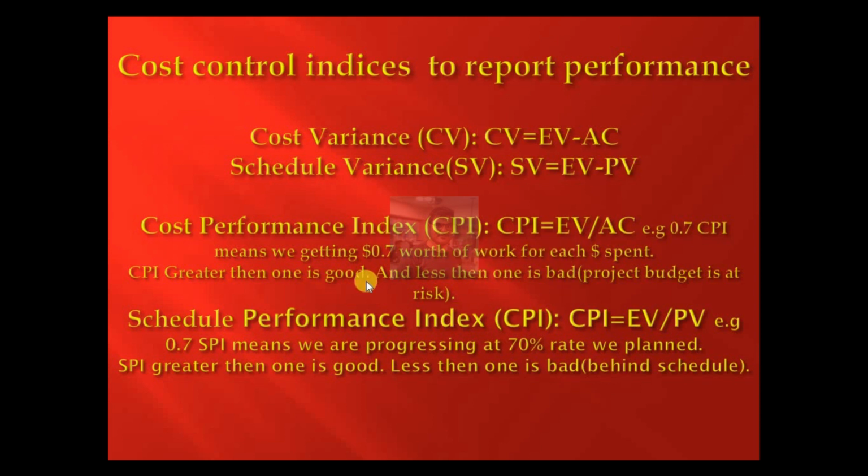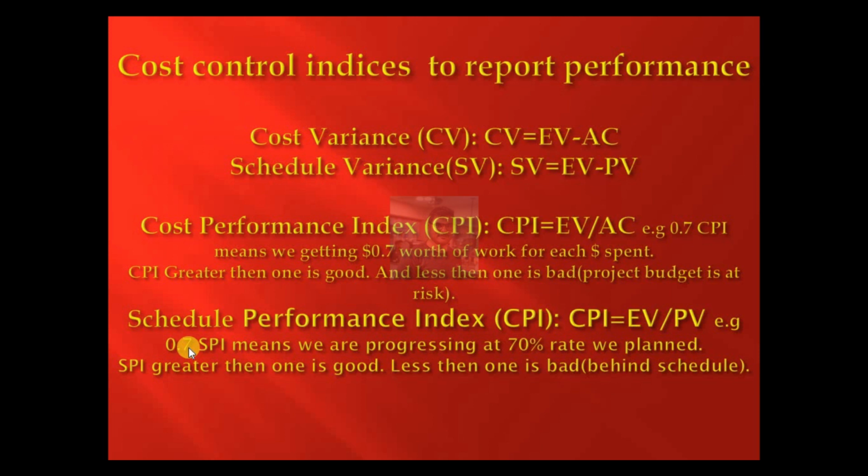If CPI is greater than 1, it means that we are under budget, and if CPI is less than 1, it means that we are over budget. We have to cut some expenses to be in the budget. Schedule performance index, SPI, is earned value divided by planned value.